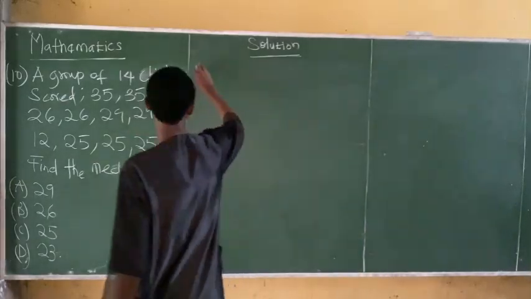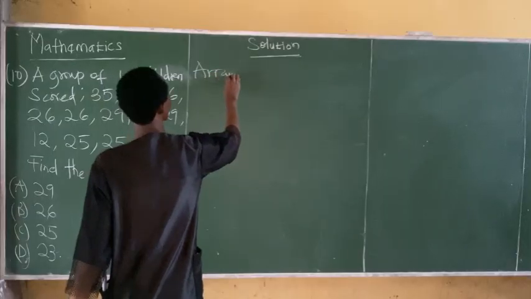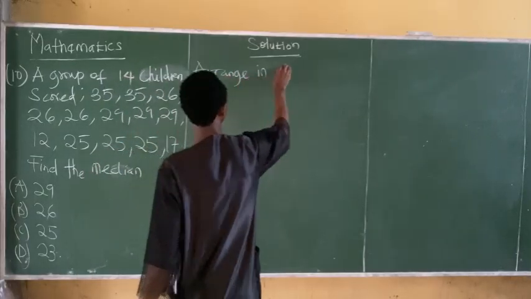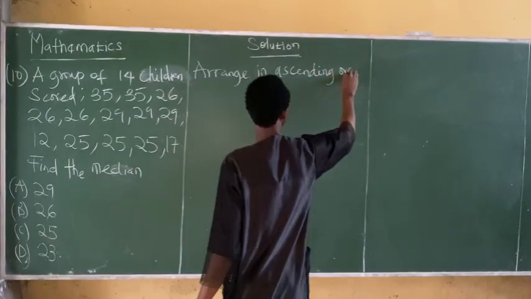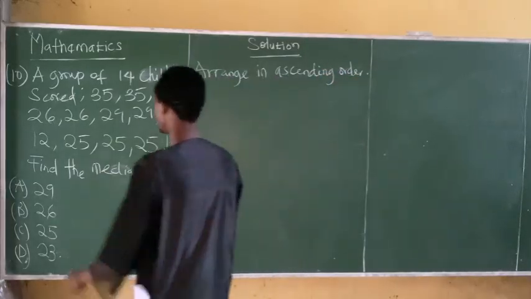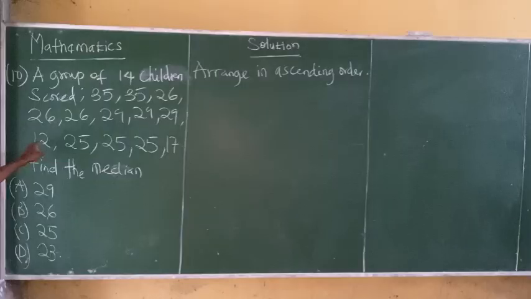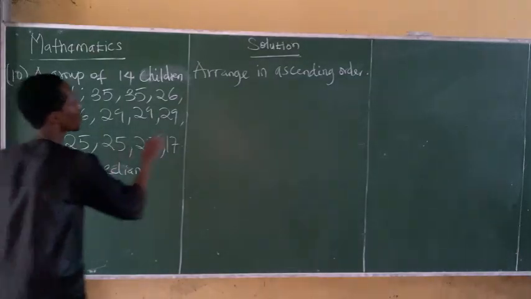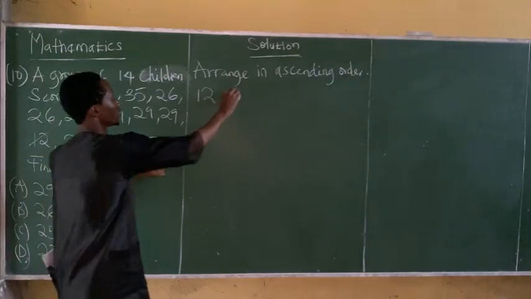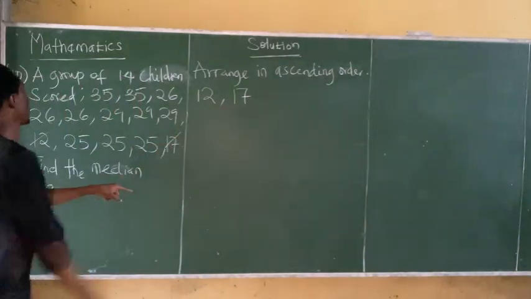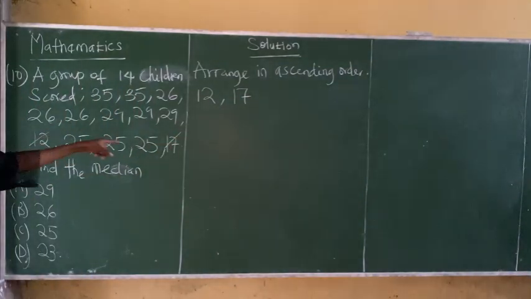If we arrange this in ascending order, let's start from the least value. The least value we have here is 12, followed by 17.